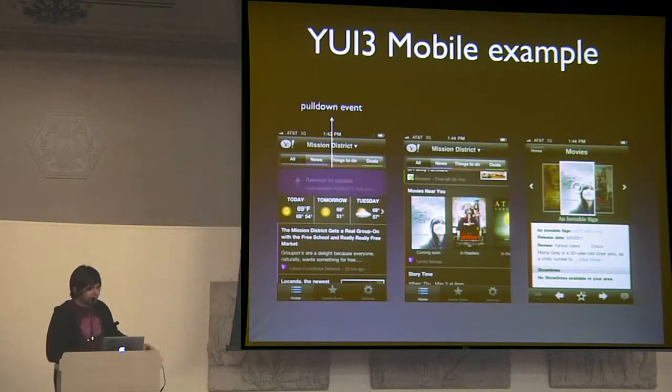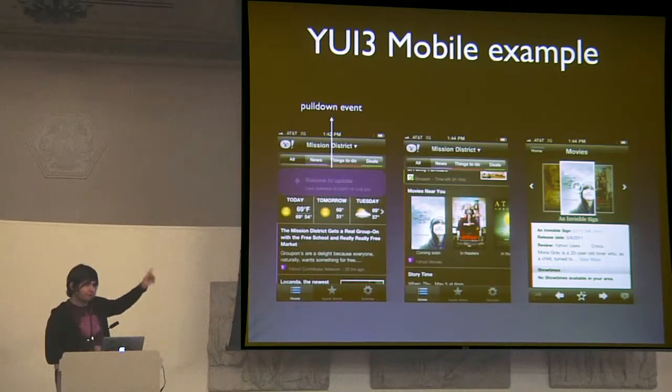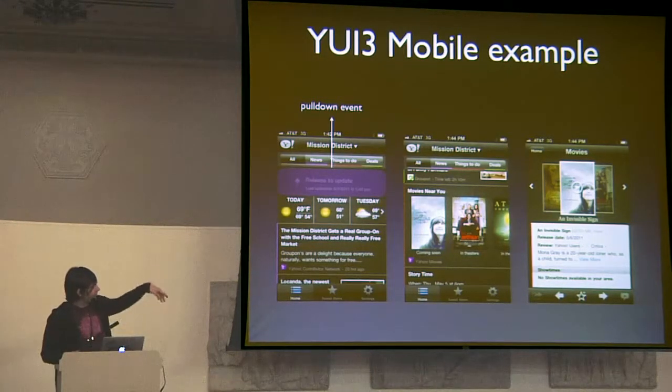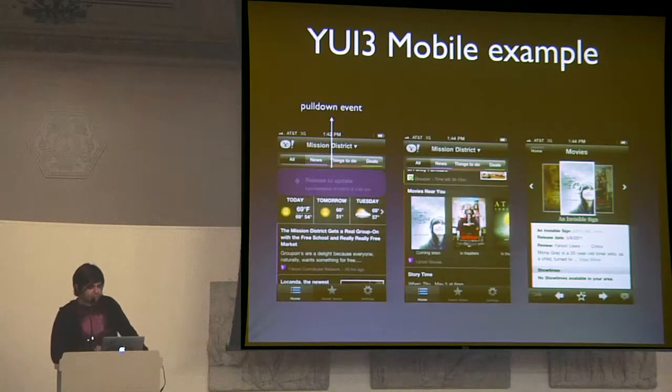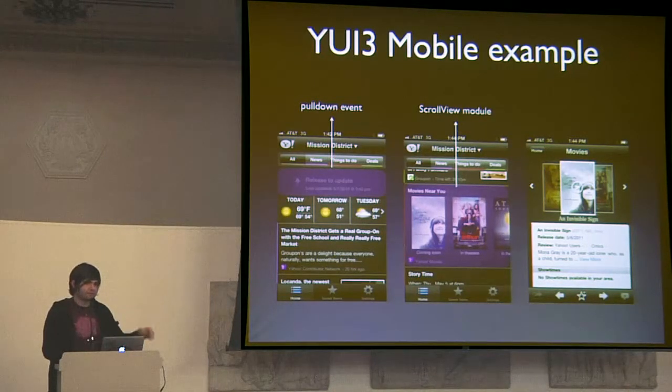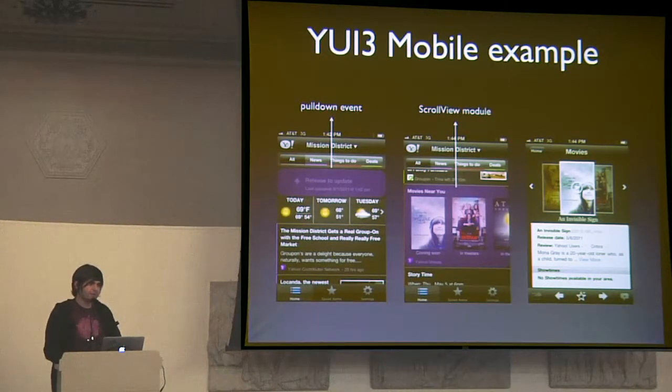So for example, this pull down to refresh event, which is pretty common in mobile apps out there, we've been able to mimic using just web. Same with this little scroll widget where you can just swipe your fingers to see different movies going around your neighborhood.